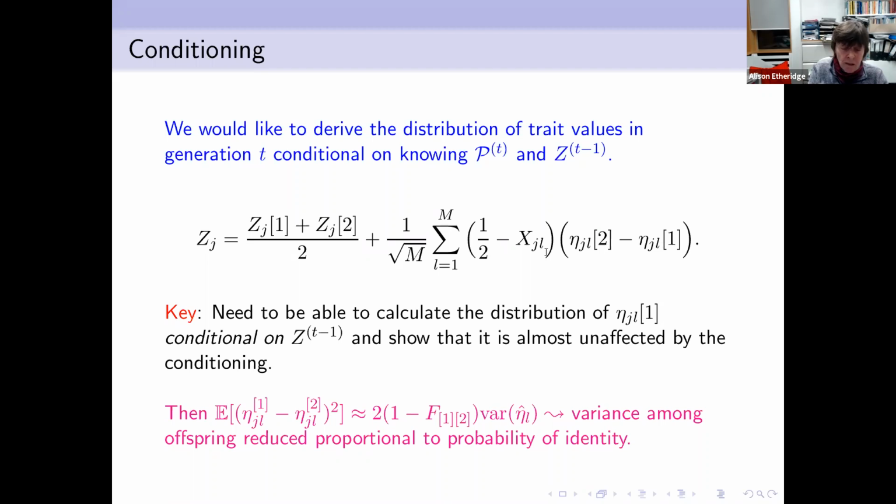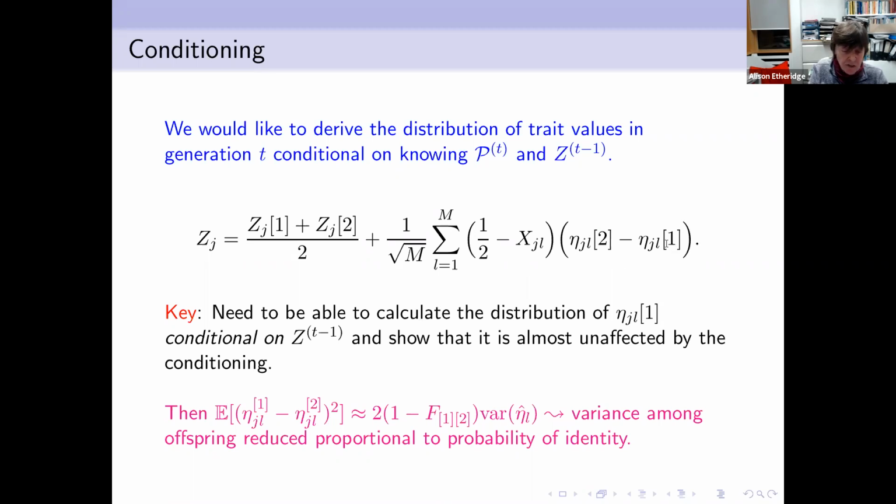Okay. Now remember, this guy is independent. This is Mendelian inheritance. It doesn't know anything about trait values. And this was mean 0, and its variance is just going to be a quarter. So altogether, the expectation of this whole thing squared is going to be a quarter times whatever the expectation of this guy squared is.